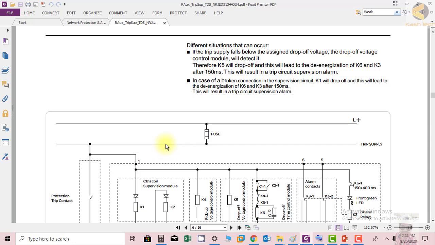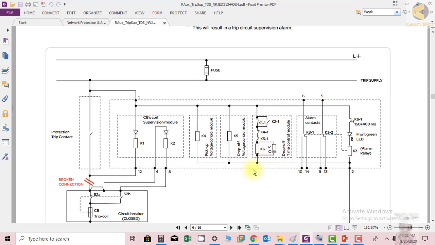Okay, in case of broken wire connection supervision, K1 will drop off, and this will lead to de-energizing K6 and K3 after 150 milliseconds. So when K1 is de-energized, in this case this contact K1-1 will be open, and K6 will be de-energized after this capacitor is discharged, that is 150 milliseconds.